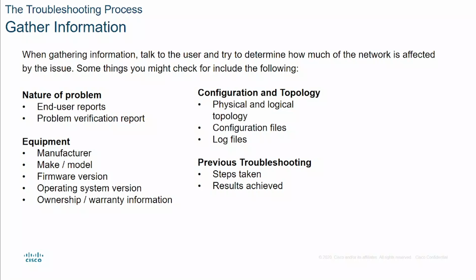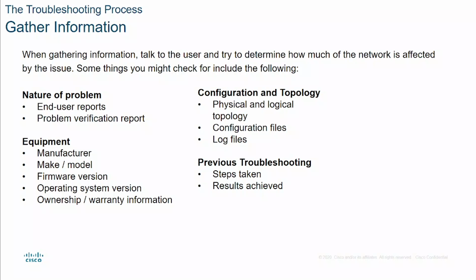So when gathering information, talk to the user and try to determine how much of the network is affected by the issue. Some things you might check for include the nature of the problem, that's the end user report, the problem verification report, and the equipment: manufacturer, make or model, the firmware version, operating system version, ownership or warranty information, configuration and topology, whether physical or logical topology, configuration files, and the log files.